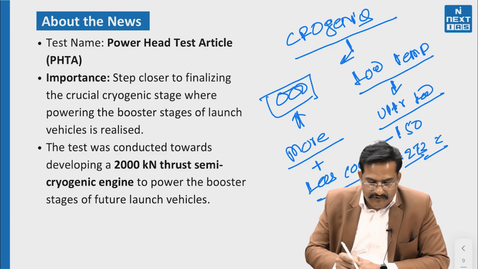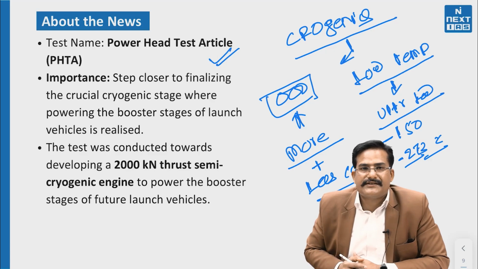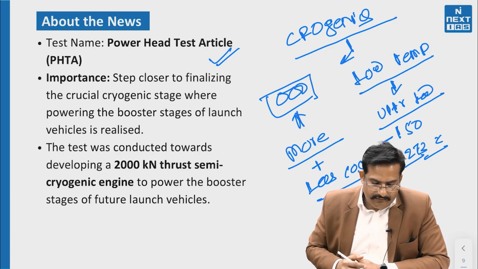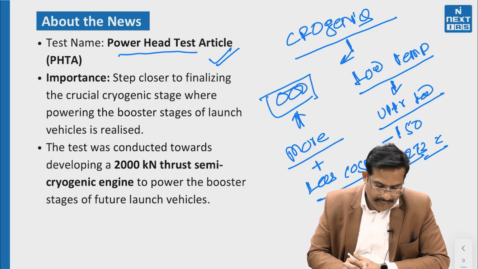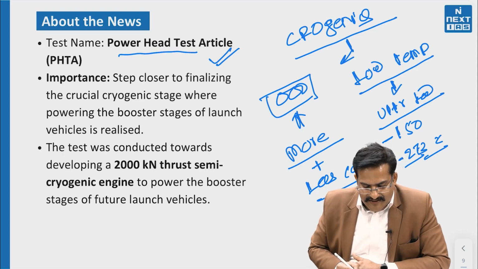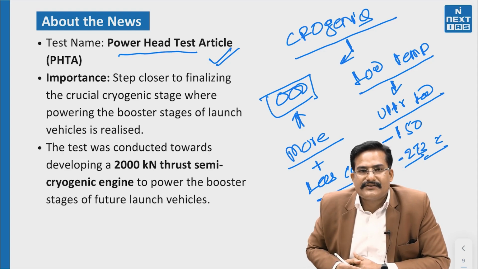In the same vein, ISRO, which is known for its cost efficiency, has done a new test called the Power Head Test Article, that is PHTA, in which we have tried to achieve this semi-cryogenic stage of the rocket.